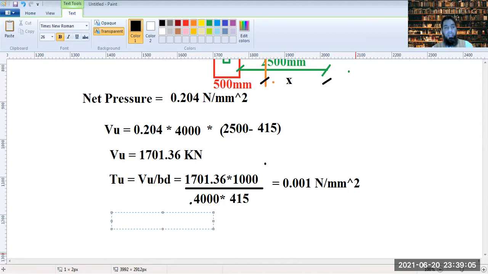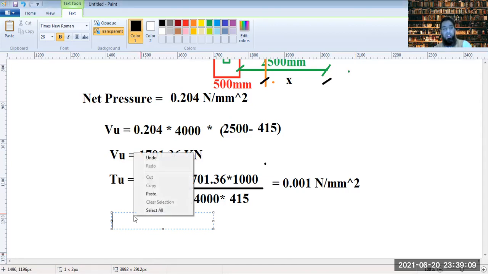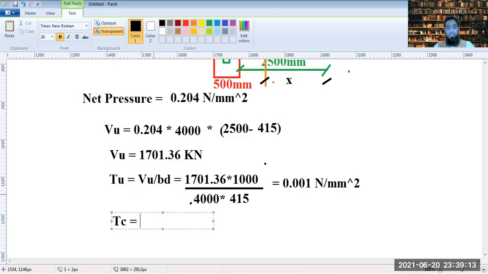So thereby, first, yes, we need to check this for tau C, which is already given in the code, the values of which you must have already determined while you were checking. Let me share this.